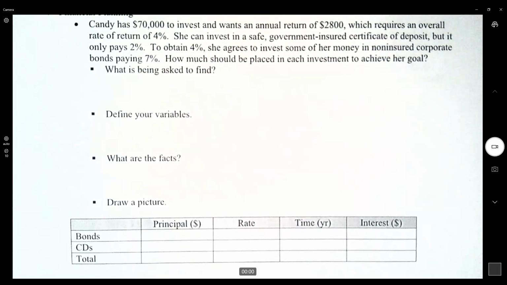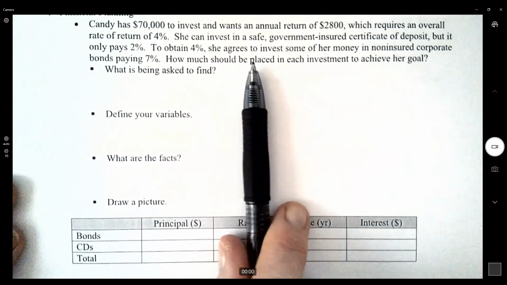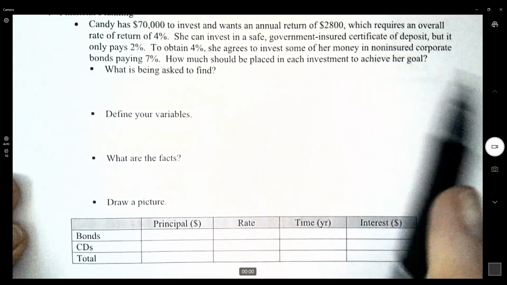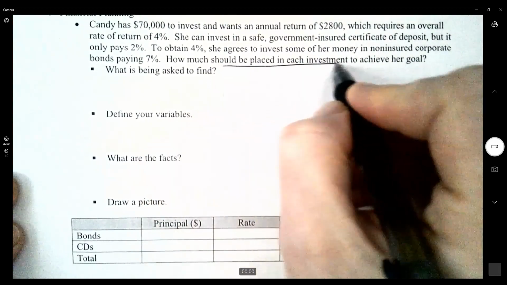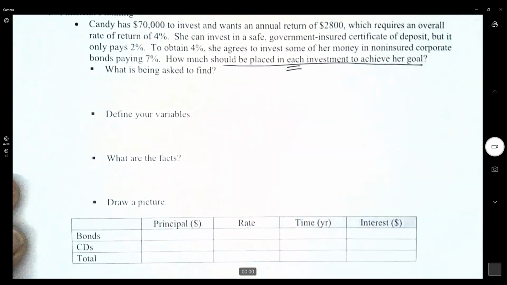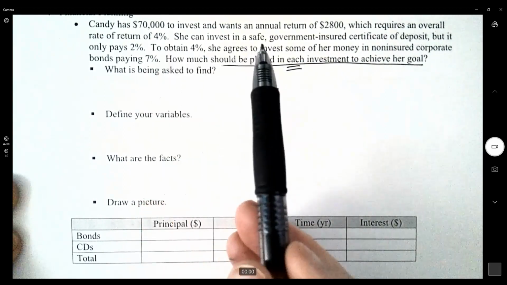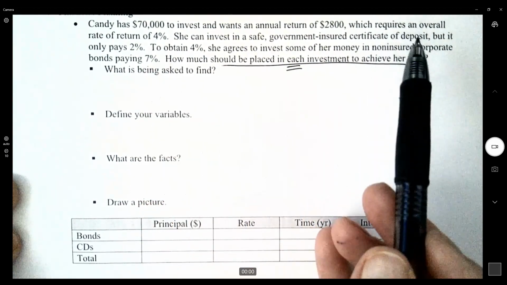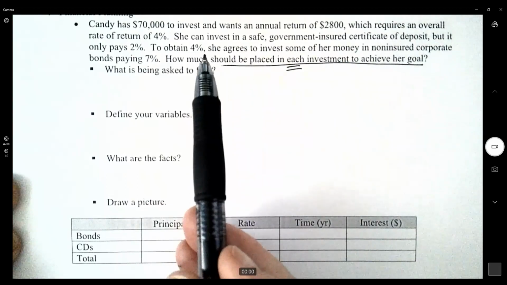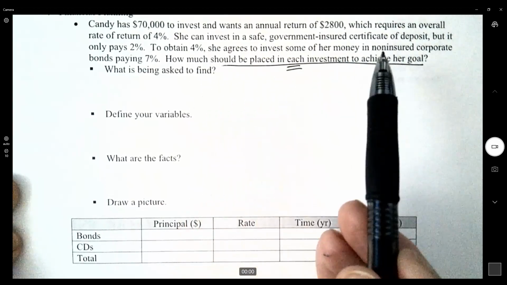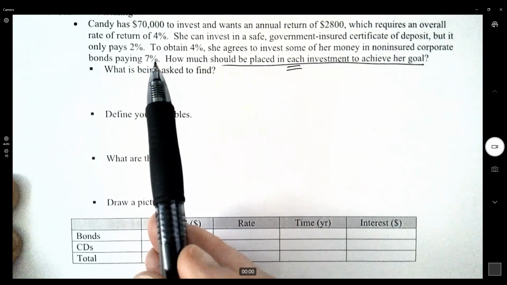So the first question I ask is, what is being asked to find? Well, there is the question at the very end right here, and it says, how much should be placed in each investment? This is the question. And when they talk about each investment, we are putting money into the government-issued certificate of deposit, but we also are going to put money into non-insured corporate bonds.